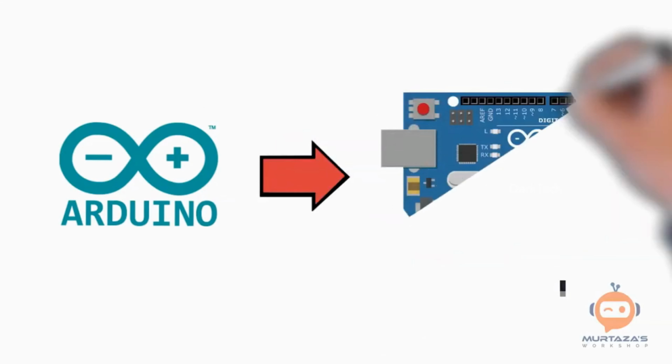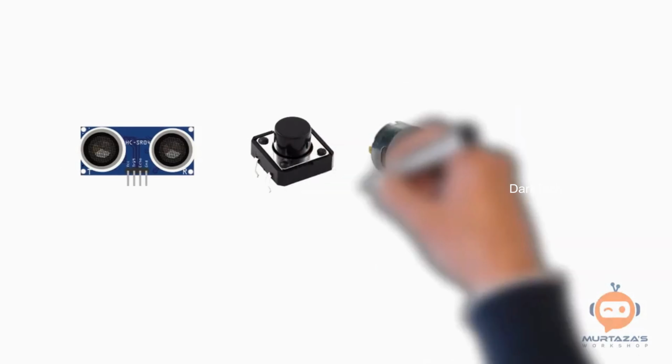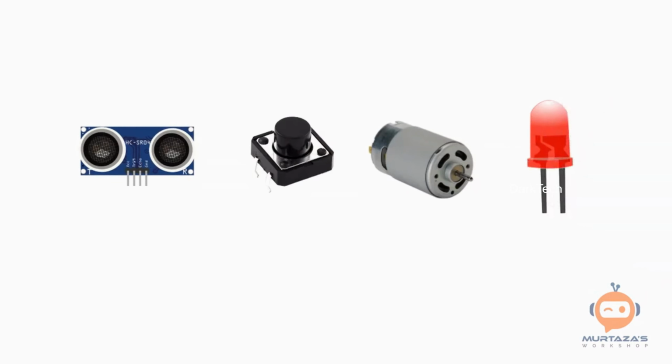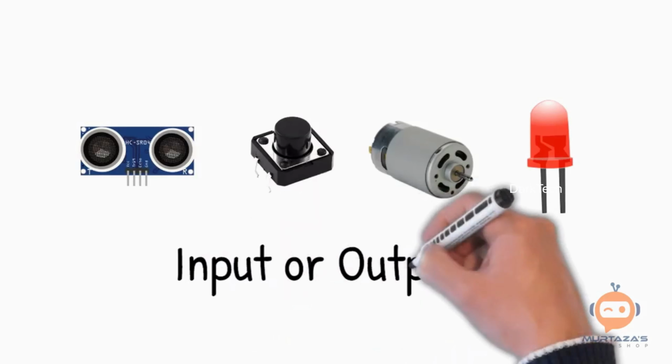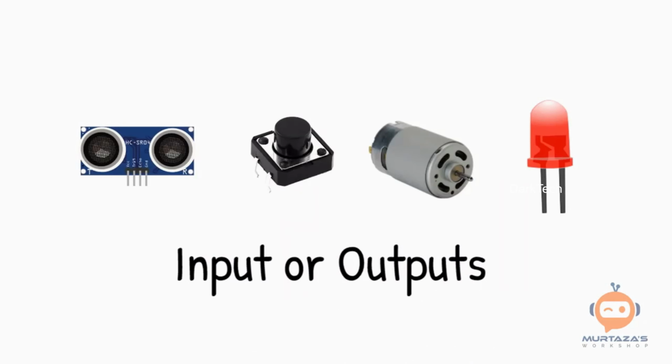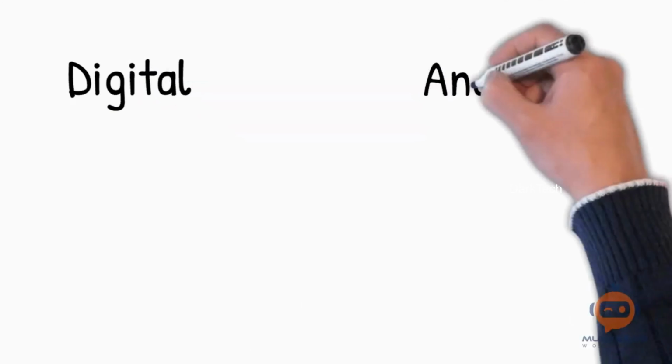So, to summarize, Arduino is a company that produces microcontrollers, which we can use to control multiple sensors and devices. These devices could be inputs or outputs of the system, and we can have 2 different types of signals that we can send or receive from these devices. Now, these signals can be digital or analog.